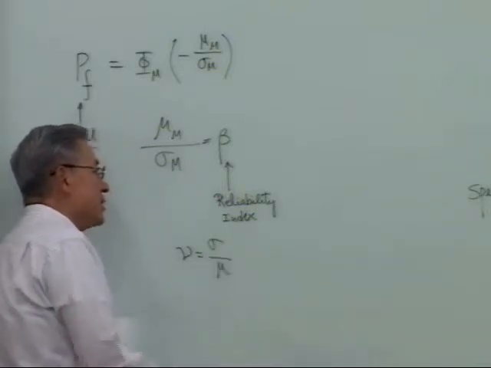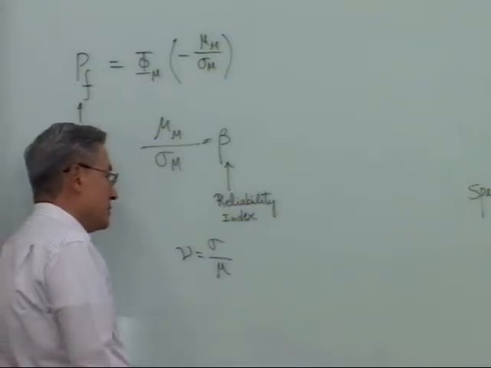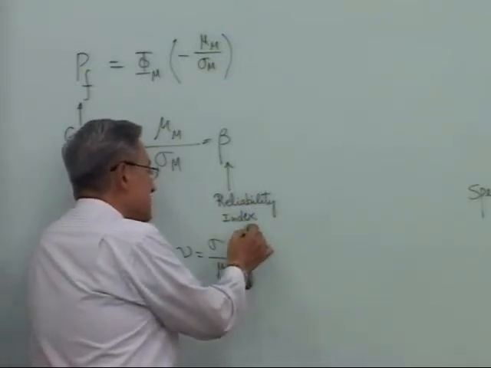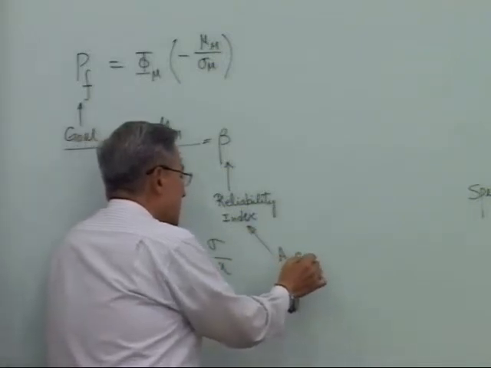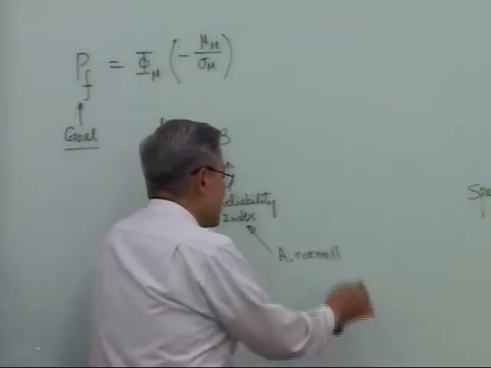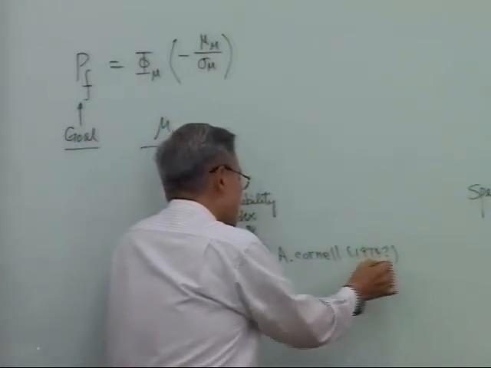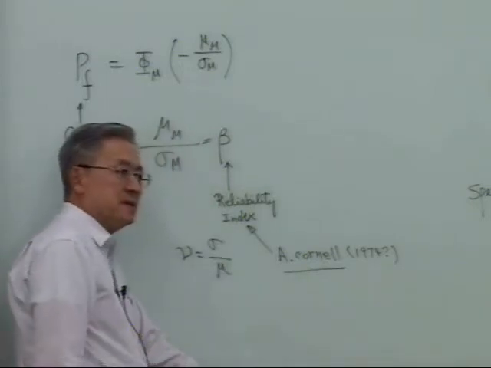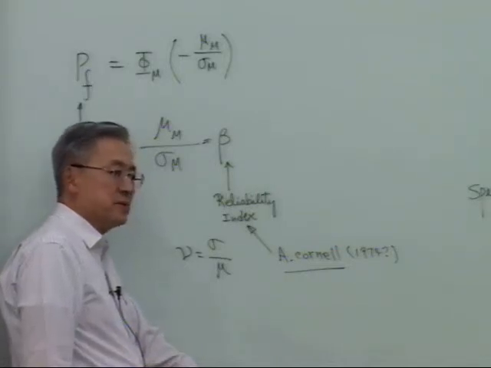And this reliability index plays a very important role in structural reliability. This was first used by Alan Cornell in 1974. He was a professor at Stanford University. Then he disappeared.